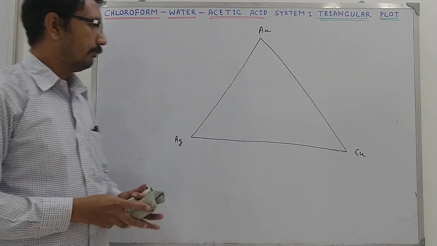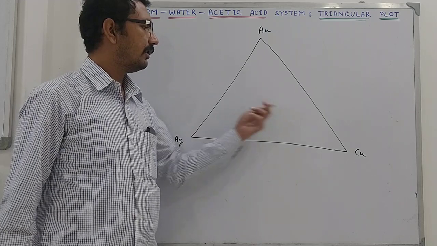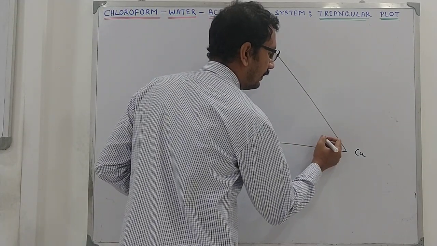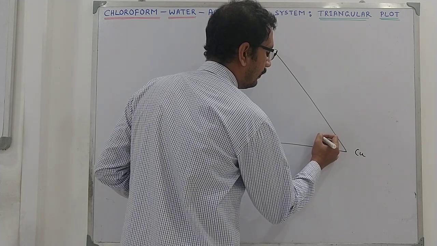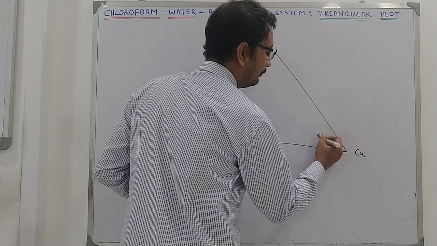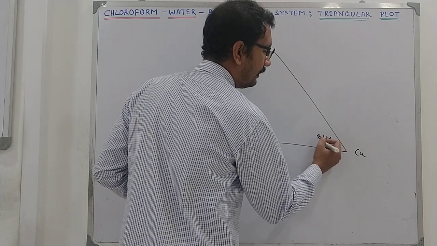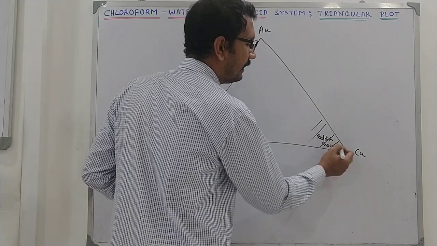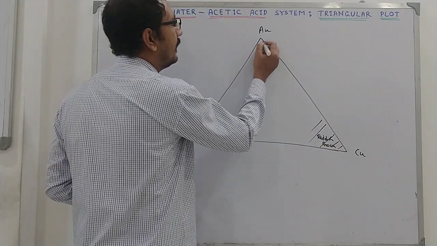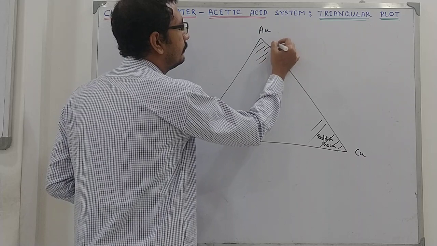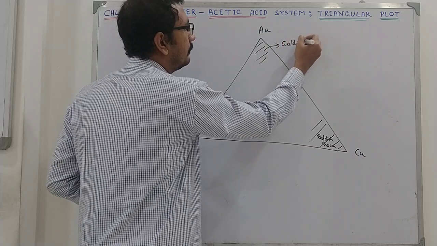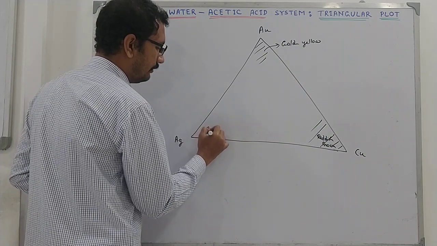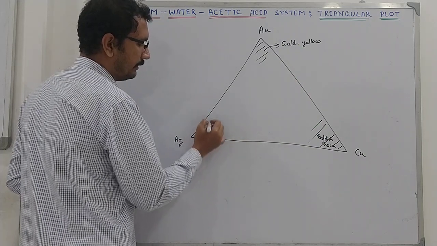I will prefer to draw this triangular plot in terms of color. So what will it give you? Here it is reddish brown, that is, intense copper red color you will get here, and here you will get golden yellow, and here you will get white.